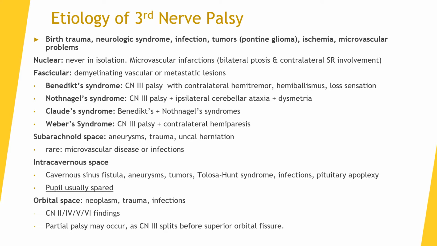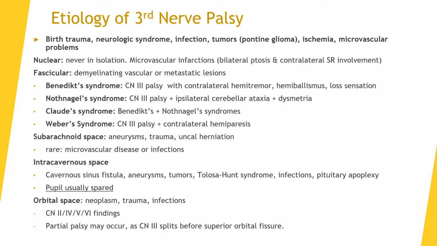Dysmetria specifically is a form of ataxia that involves overshooting and undershooting with the limbs due to misjudgment of the distance. The Claude syndrome is the combination of the two syndromes that we've talked about.